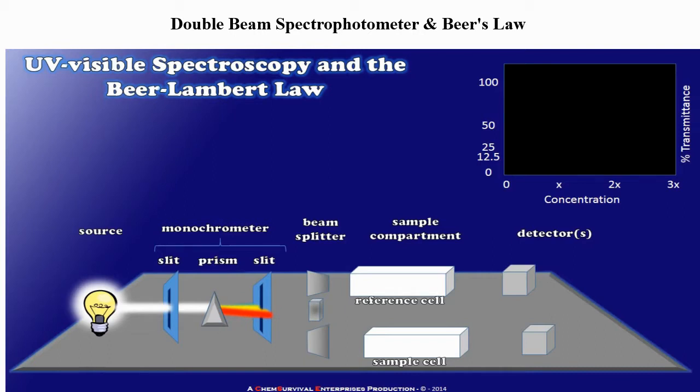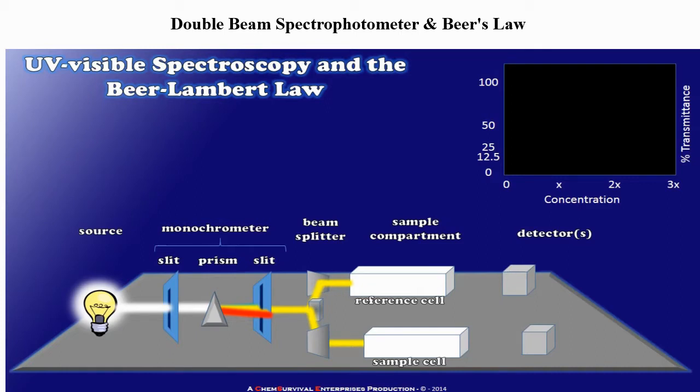So each wavelength of light is moving to a different place in space. Only one wavelength in this situation is going to make it through the second slit in my monochromator, striking the beam splitter and becoming two beams of equal intensity.